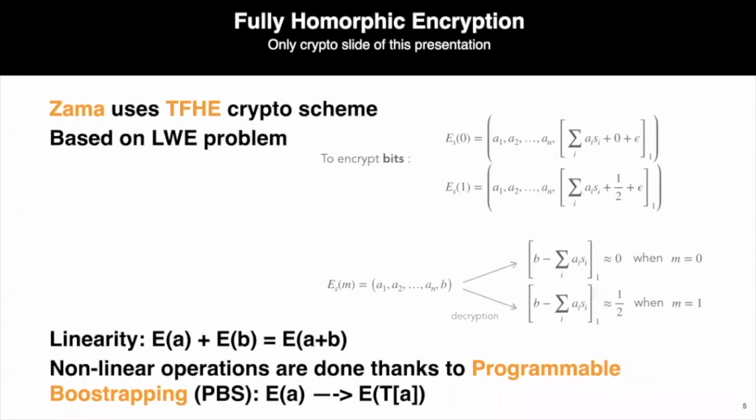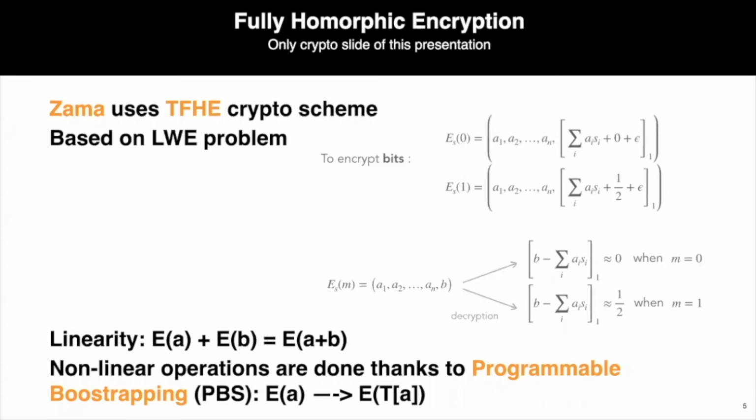And then why is that a fully homomorphic encryption? First, you can see, or you can admit, that the encryption of A plus the encryption of B is an encryption of A plus B. It's pretty simple.